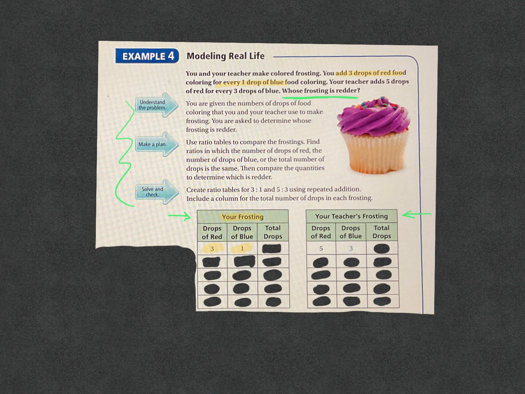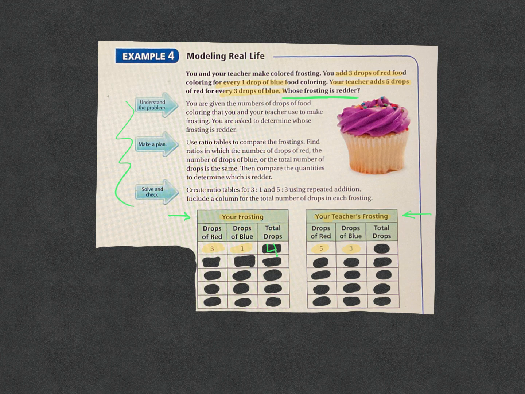Your teacher put in 5 drops of red food coloring right here for every 3 drops of blue, which is right here, and that's for your teacher. All right, so let's add in our total real quick. We know we have a total of 3 plus 1, which is 4.